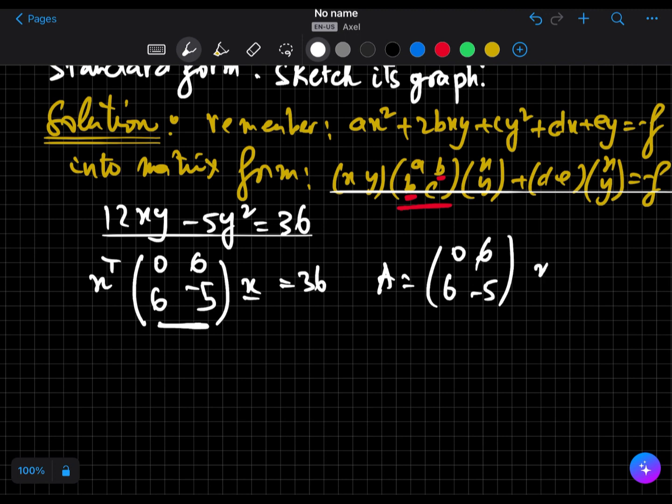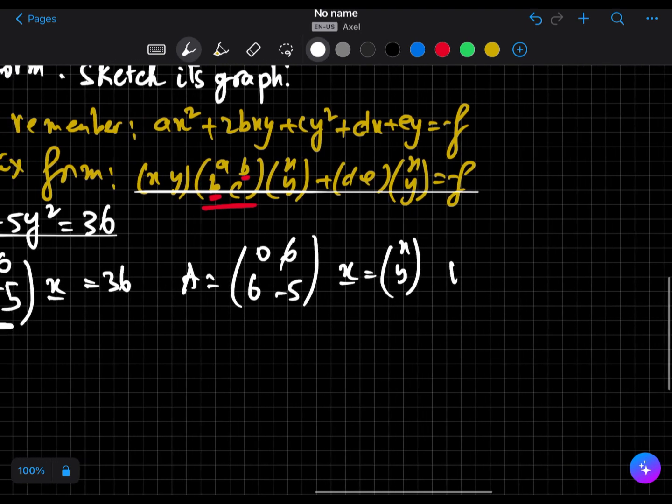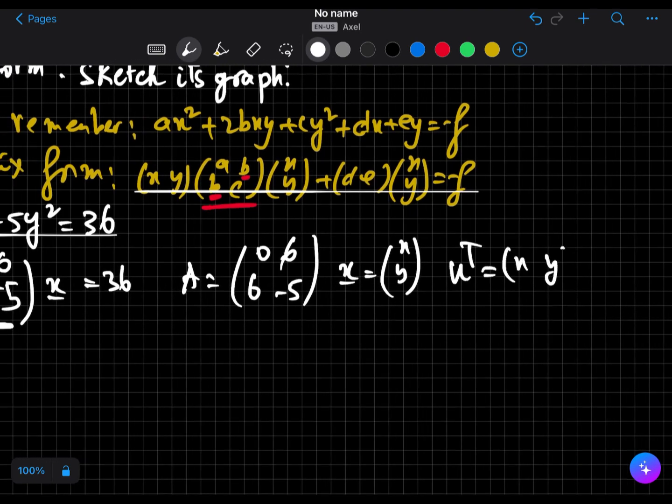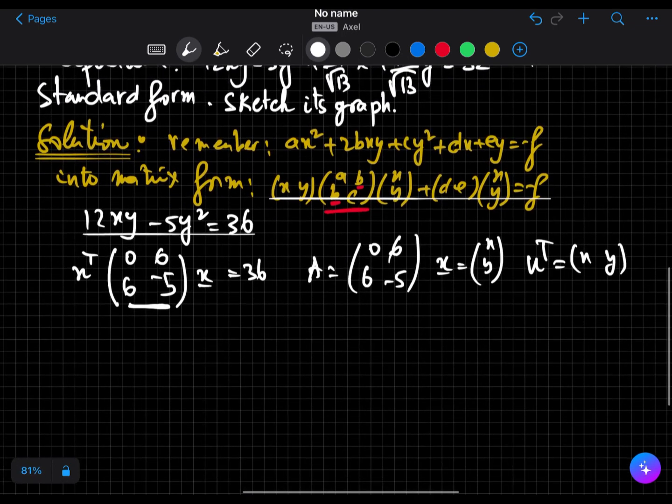And I have that x is (x, y), then x transpose is (x y). Okay, if everything is set and it's good, then we can move on.